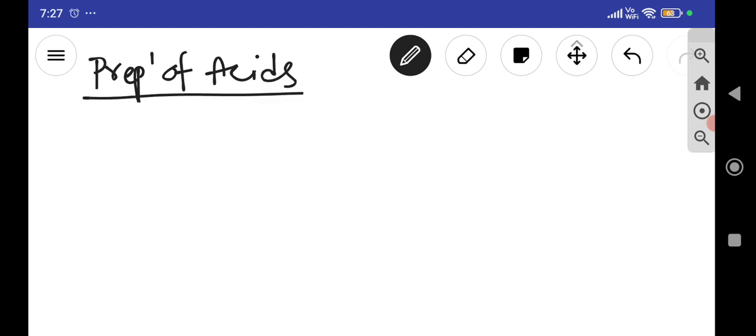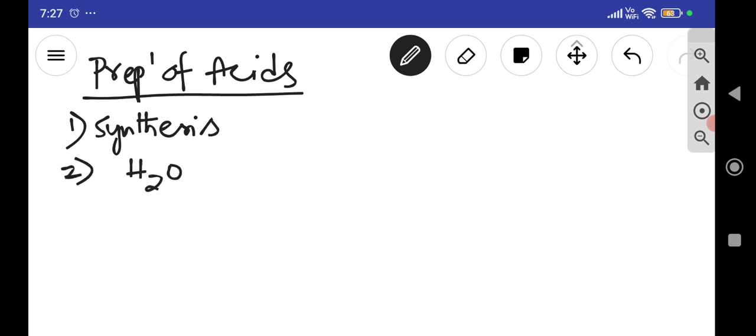Now let us see the methods of preparation of acids. So, very important methods. First we will list them out. First one is direct synthesis of acids. Second method is action of water on non-metallic oxides.